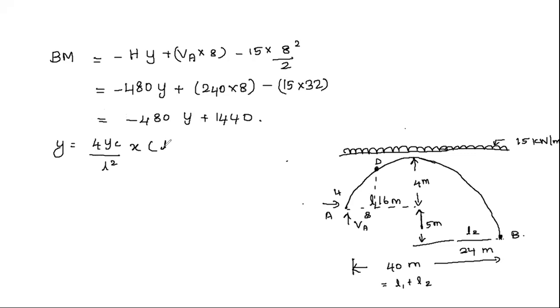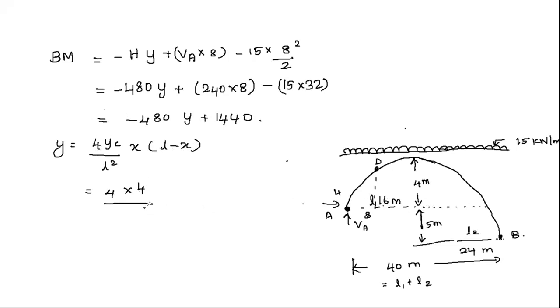The rise at a point is y equals 4 YC divided by L square into x into L minus x. So we are taking with respect to the left support. The rise of the arch is 4 meter, so 4 into 4 divided by L square, so at this we will consider the arch ends here.